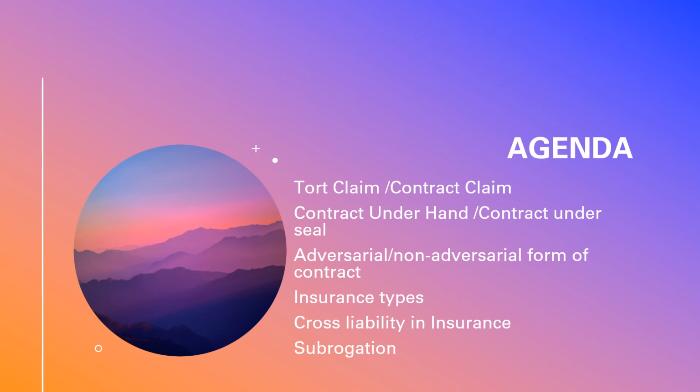Guys, we can change the conditions, but make sure it is not adversarial, because that ultimately affects your project and progress, and it's unwantedly welcoming some legal issues. So a non-adversarial form of contract is obviously a balanced form of contract, which is not an inclined one or biased one.